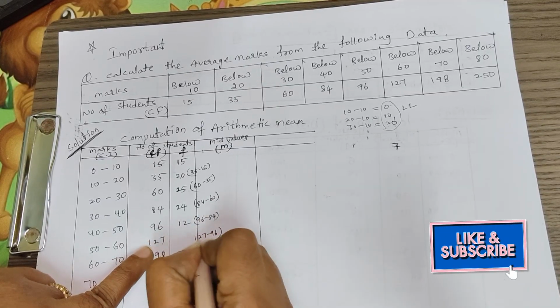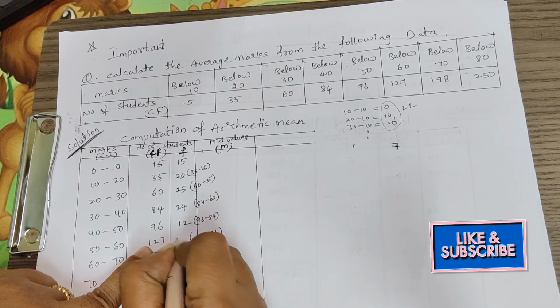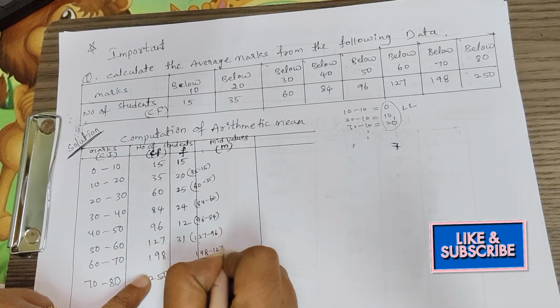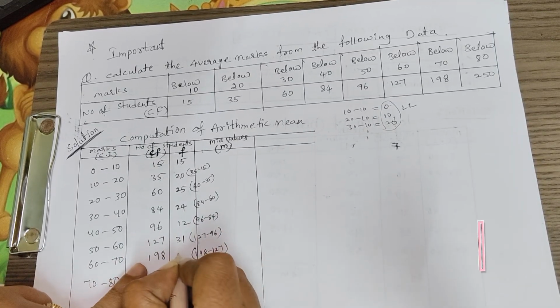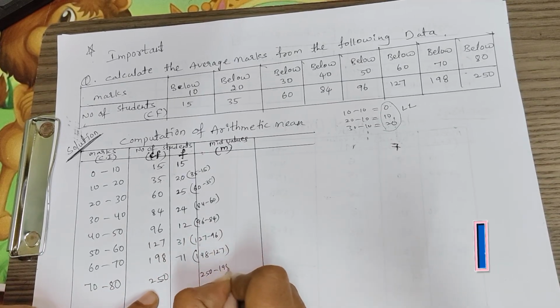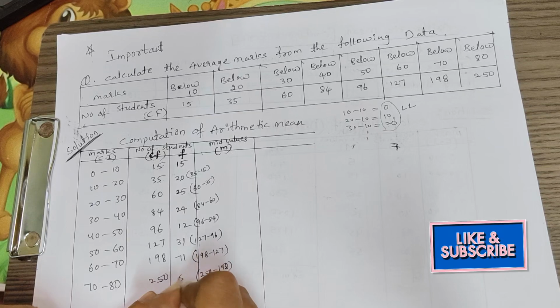127 minus 96. What is the value? 31. Next, 198 minus 127, here 71. Next, 250 minus 198, 52.